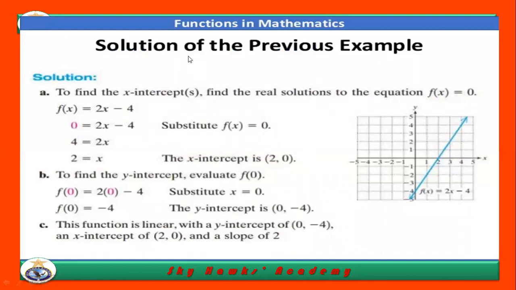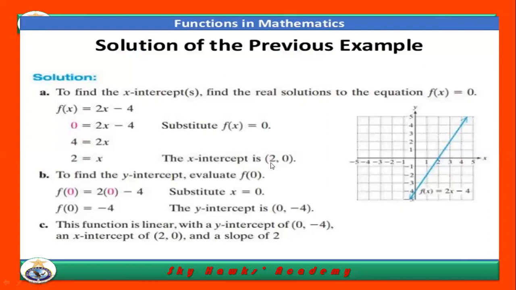This solution is for you, the solution of the previous example. To find the x-intercept, find the real solution to the equation f(x) is equal to 0. So we are putting this function that was given equal to 0. Look at this, the left hand side is replaced by 0 and the right hand side as it is. So x is equal to 2.